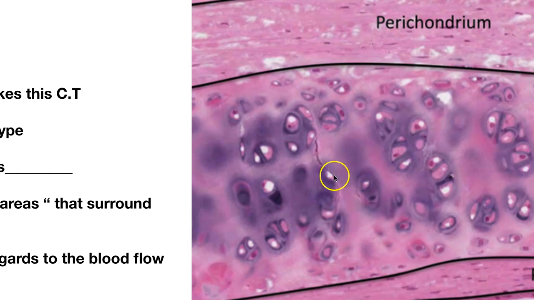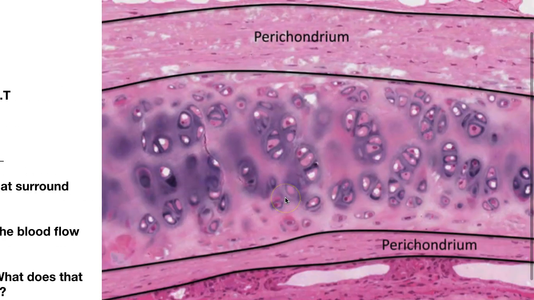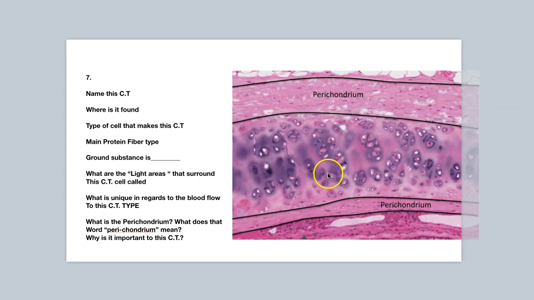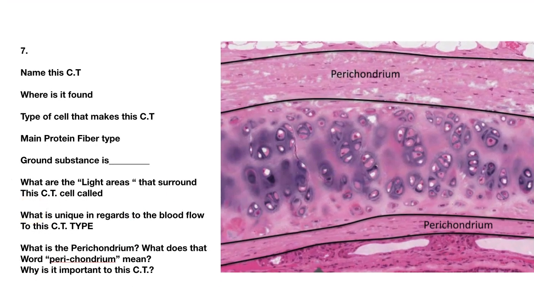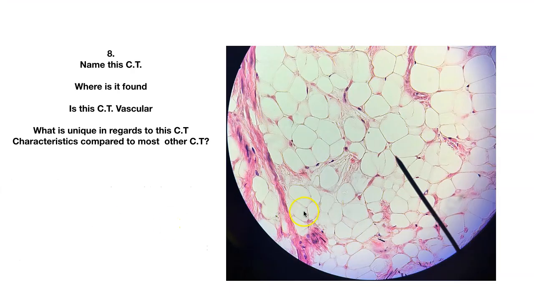I just wanted to show you that not all slides are going to be perfect, but it's pretty good. So that was number 7. And then number 8. You look at this, name this connective tissue.